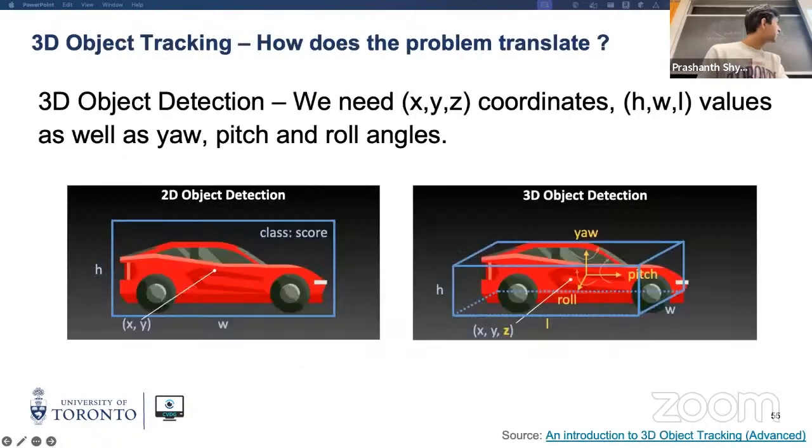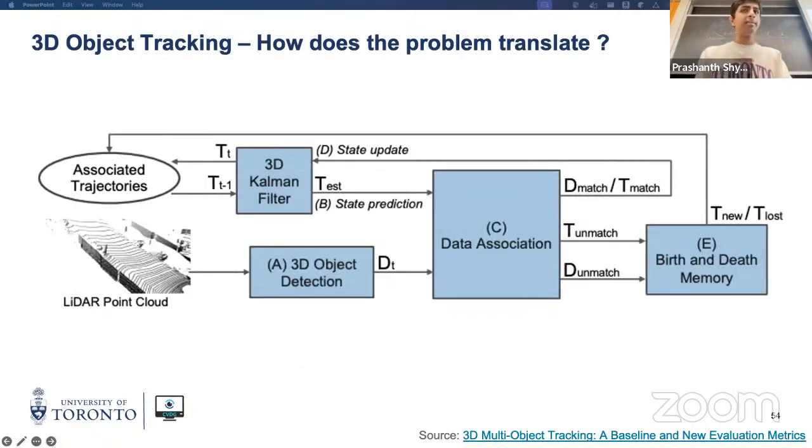So yeah. Okay, so we get our 3D bounding boxes. Now, the difference between 3D and 2D is that we need to make the Kalman filter predictions and associations.